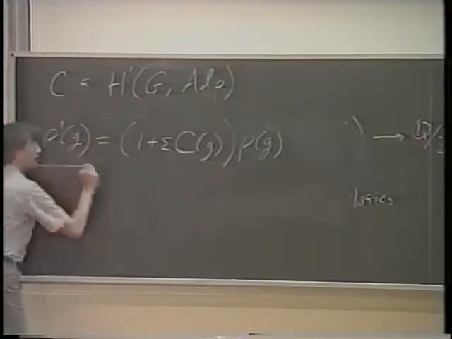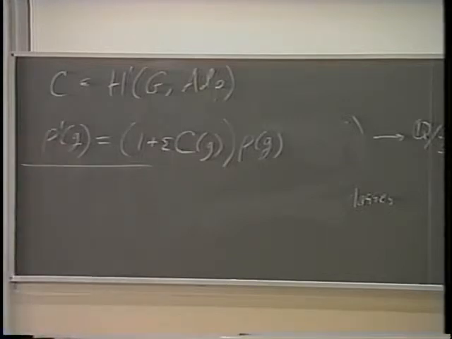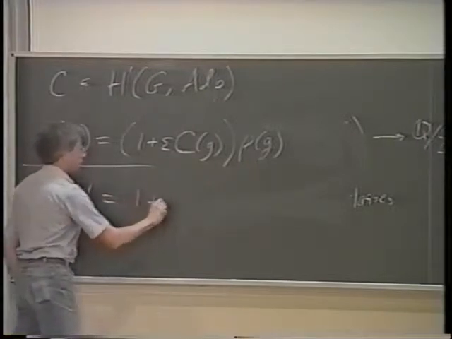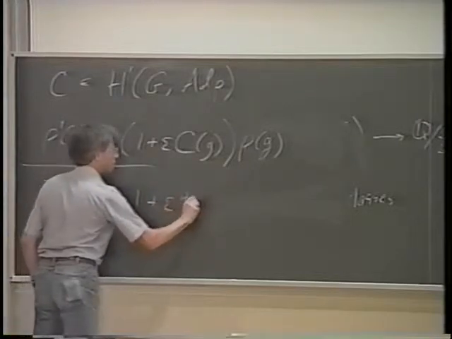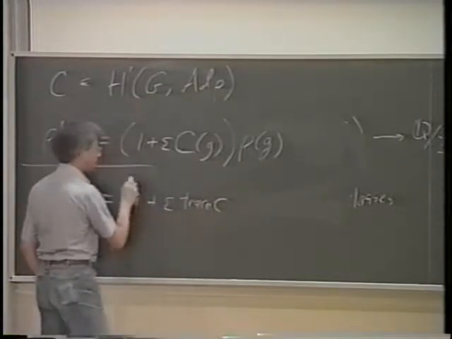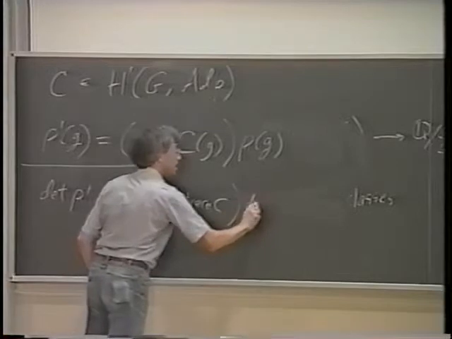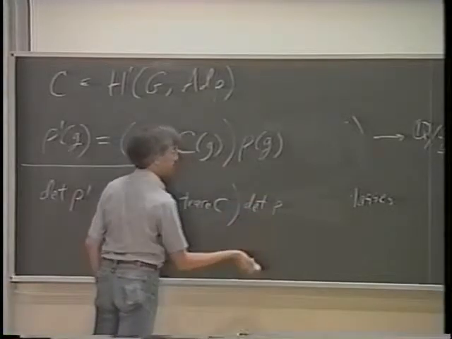And now the reason you need this is we want to study deformations with certain properties. And that means you have to look at certain conditions on the cohomology classes. So the one Barry pointed out yesterday was, let's say you wanted to keep the determinant fixed. Well, determinant of rho prime, what is it? You get 1 plus epsilon times the trace of C times determinant of rho.